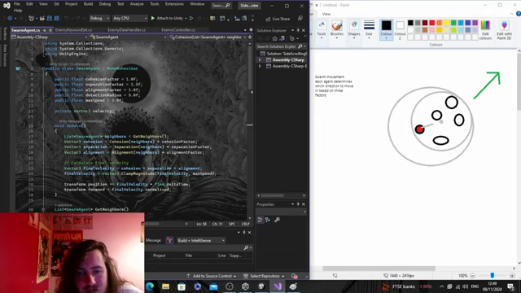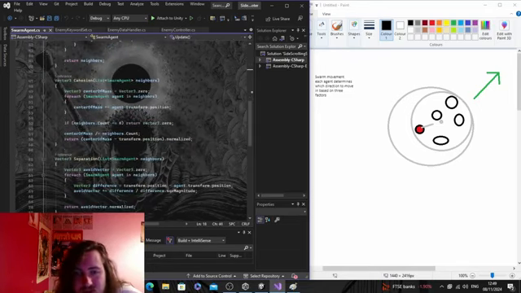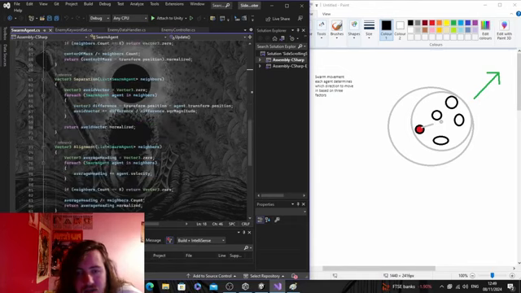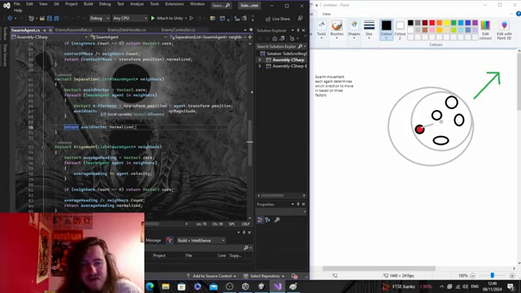But yeah, so we've got separation of the neighbors, which is just avoid. So this is the avoid vector, the vector to avoid, which basically finds the difference in the positions between this and the others, and then squares.